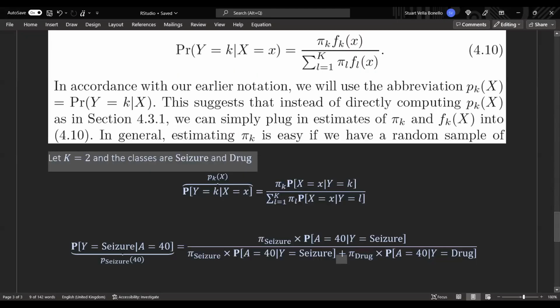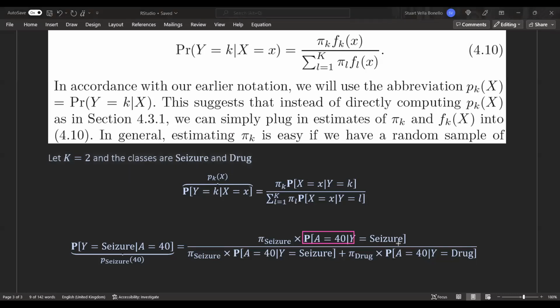If we highlight it, this is going to be the challenge: estimating these two. The probability that if you are age 40, then you're going to be in the emergency room with a seizure.